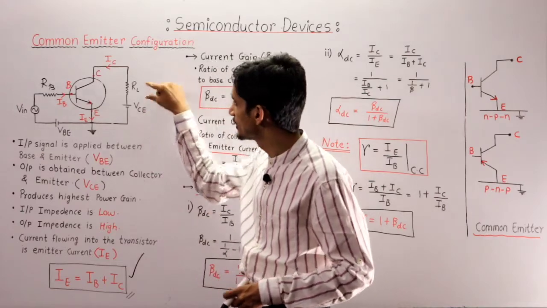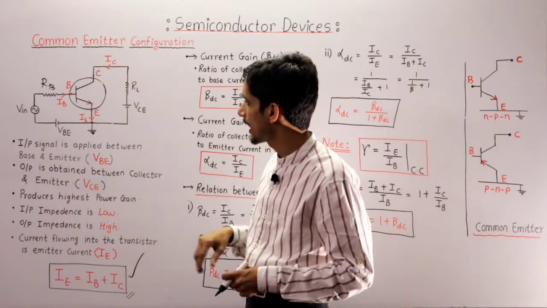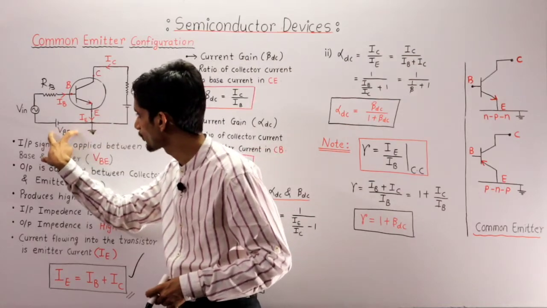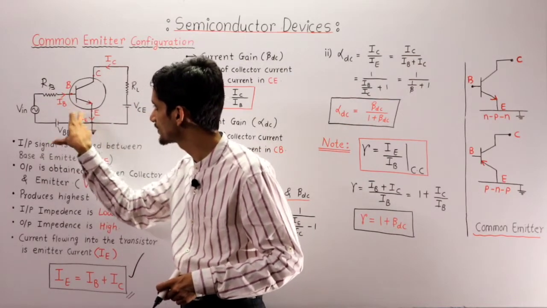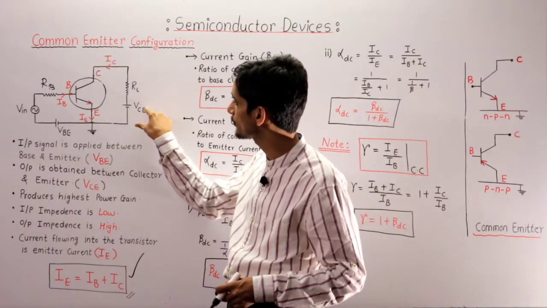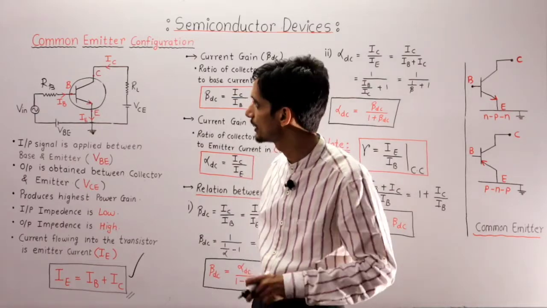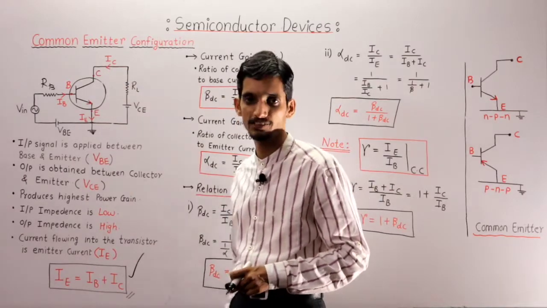This is a load which is connected to the collector terminal, and this VBE battery provides the forward bias between the emitter and base, and this VCE provides reverse bias between the collector and emitter. The current flowing through the collector is IC.